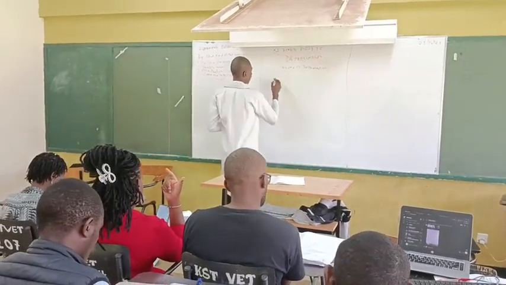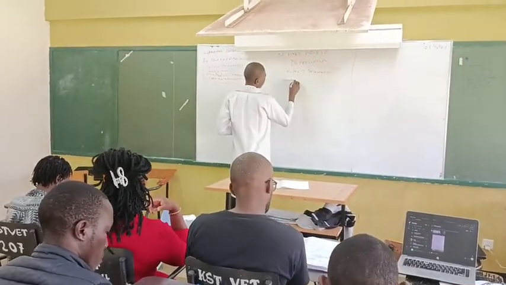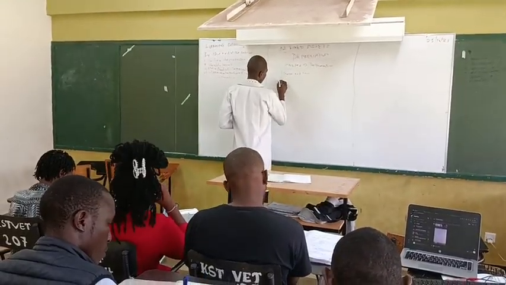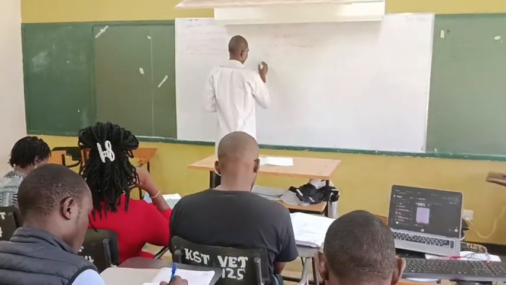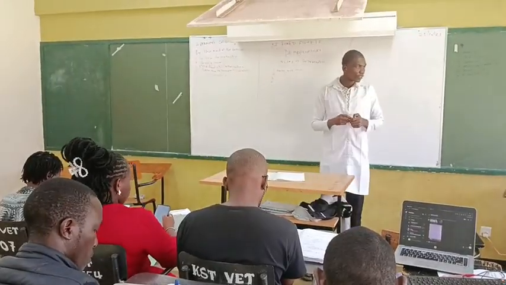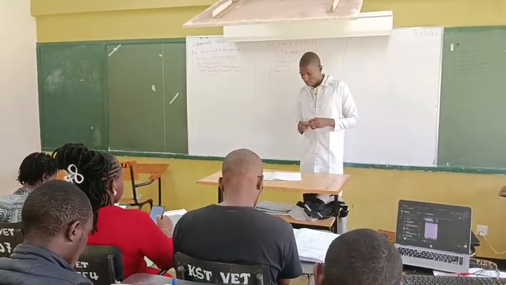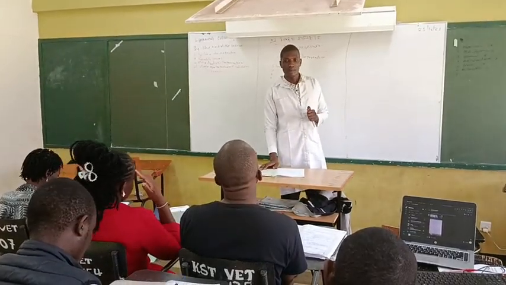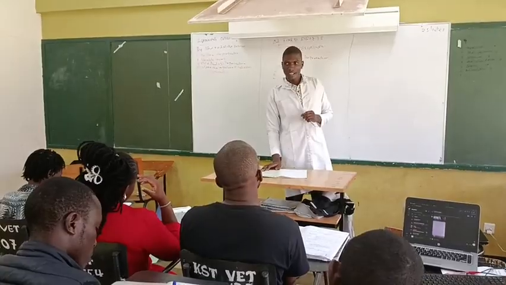Number one, we have wear and tear. For example, a motor vehicle is an example of a fixed asset, which we normally use in various businesses and companies.